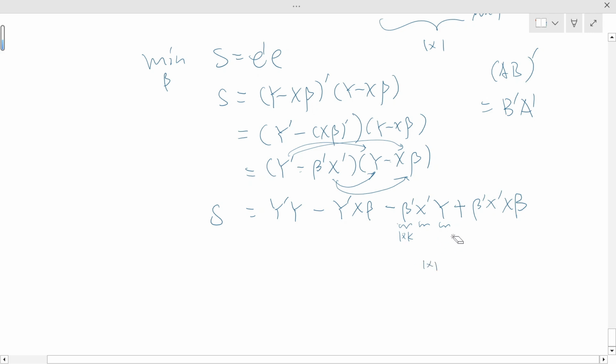The transpose of a 1 by 1 matrix is the same as itself. So beta prime X prime y transpose is equal to itself, and bringing the transpose inside, it is y prime X beta. So these terms are the same, and we can combine them.